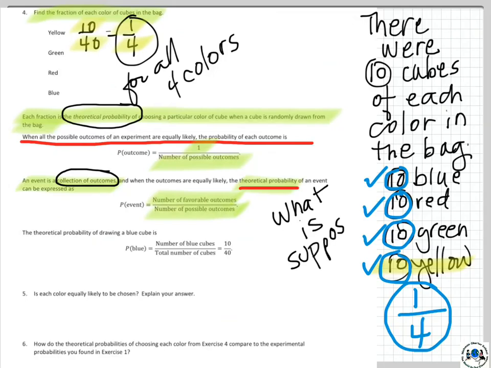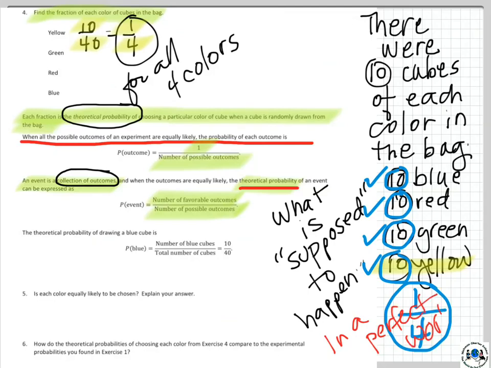So the truth is, what is supposed to happen? The theoretical probability measures that which is supposed to happen in a perfect world. In a perfect world, the probability of these would be 1 out of 4.